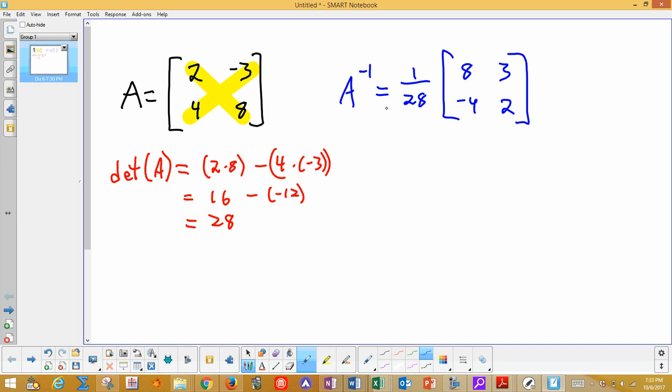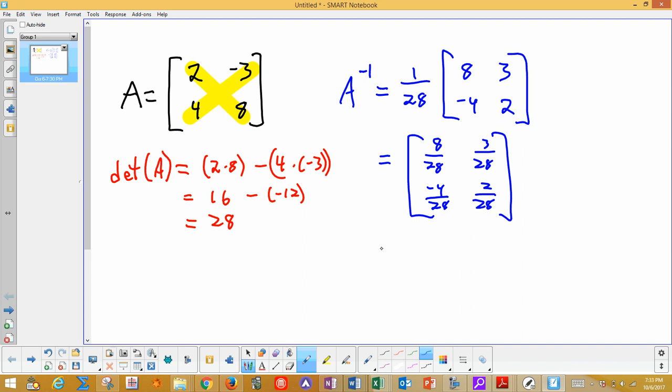Okay, and that's our inverse matrix with a constant in front, with a scalar, but really we can write it as an 8 over 28, and a 3 over 28, and a negative 4 over 28, and a 2 over 28.